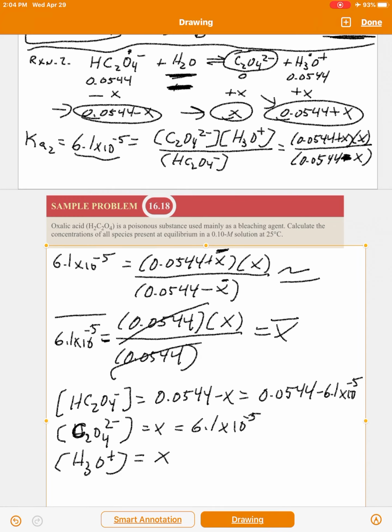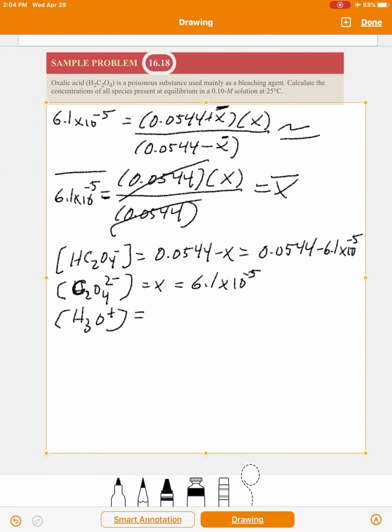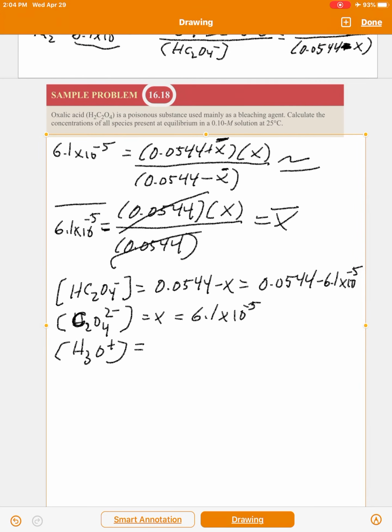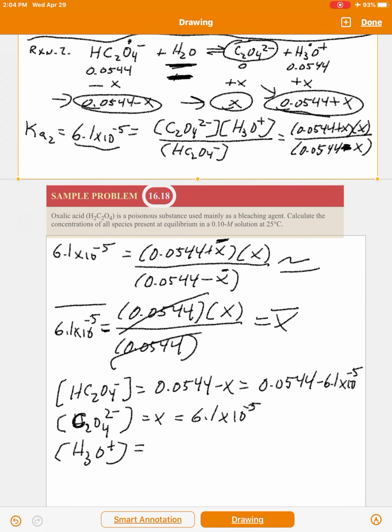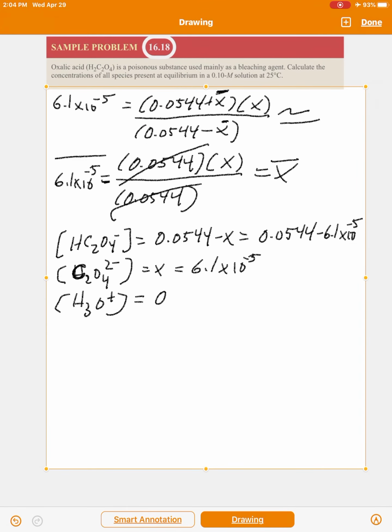That's X, except it's not just X. I'm sorry, it's 0.0544. Let's come back over here. 0.0544 plus X. So that's 0.0544 plus 6.1 times 10 to the minus 5. Okay? So now we've got our final results.